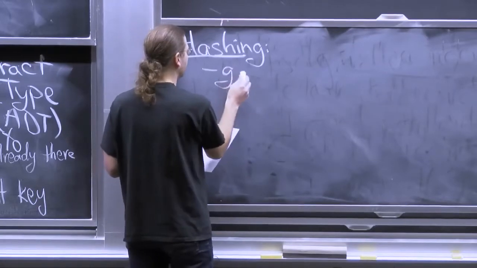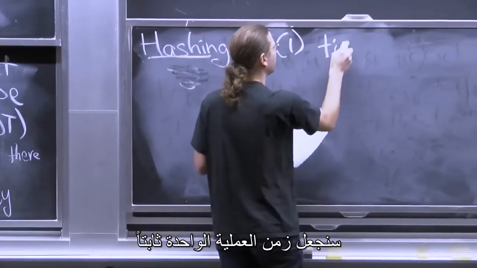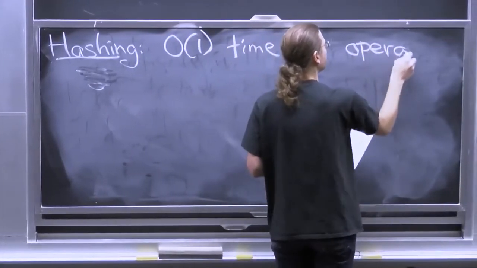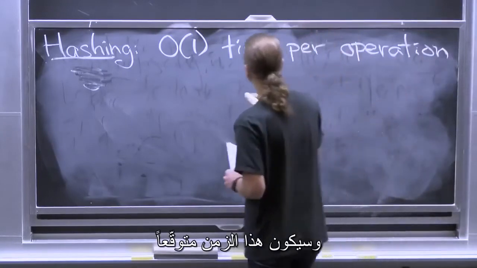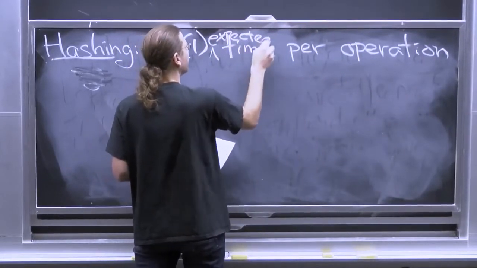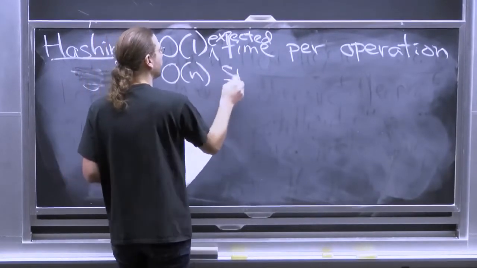So we're going to get constant time per operation. It's going to be expected, and linear space.